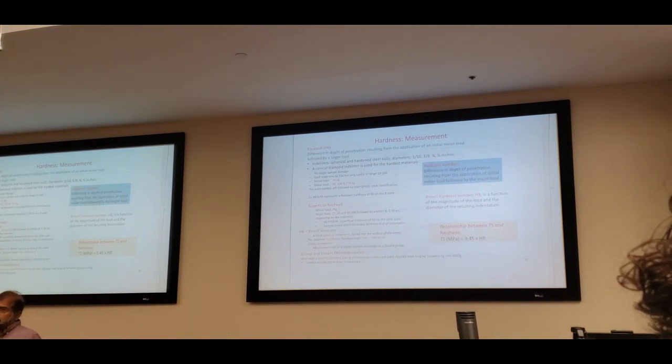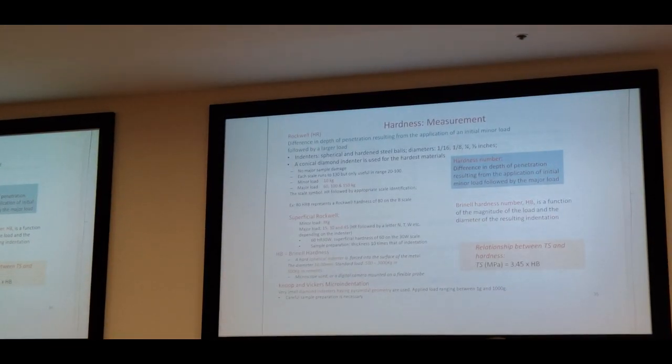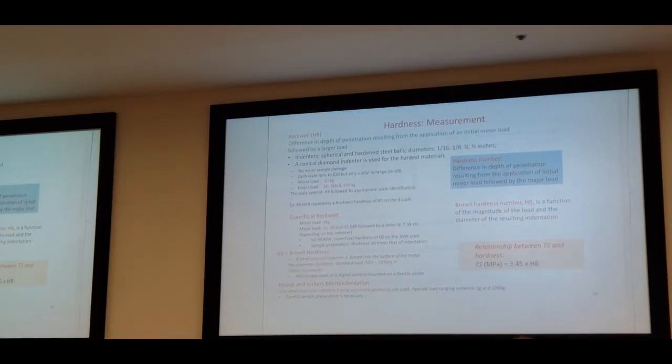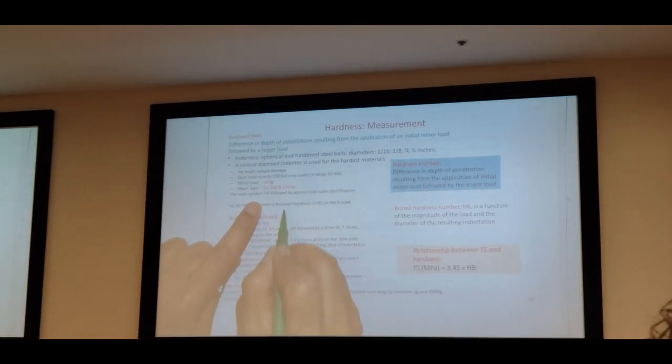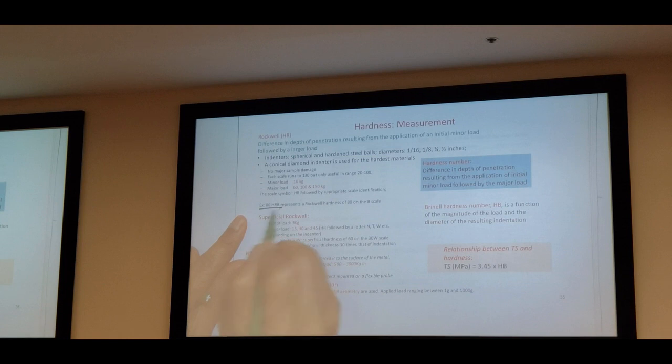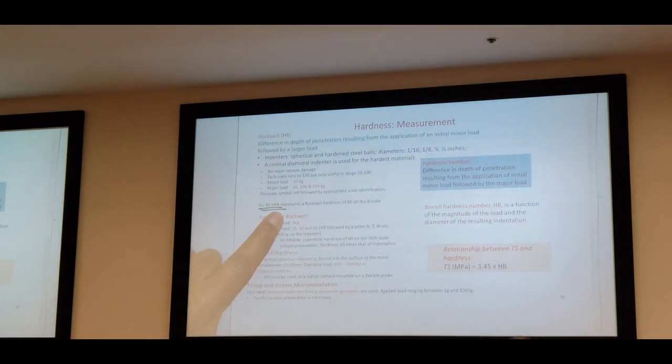Again, it can vary. That is the process. For example, if there is a value like 80 HRB, that means 80 on the Rockwell hardness, HR, on the B scale.